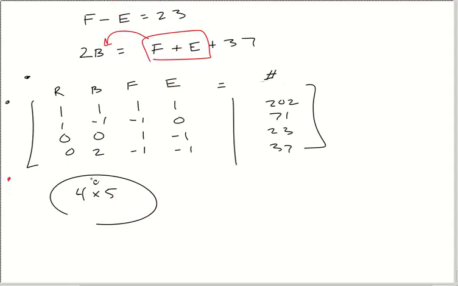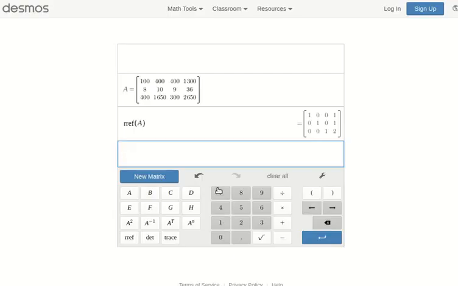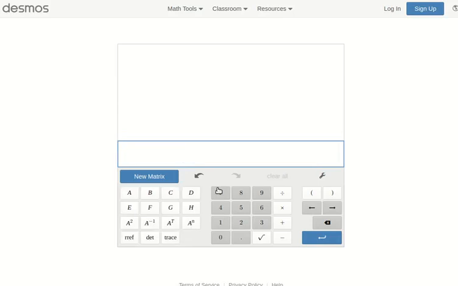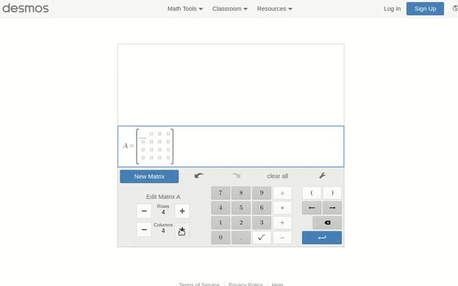We're going to put that into Desmos, RREF, and you get the answer. So, well, here we go. So, new matrix, 4 by 5. It's very large. Could you try to imagine doing this by hand? We used to do that back in the day. Yep. Not a couple years ago.